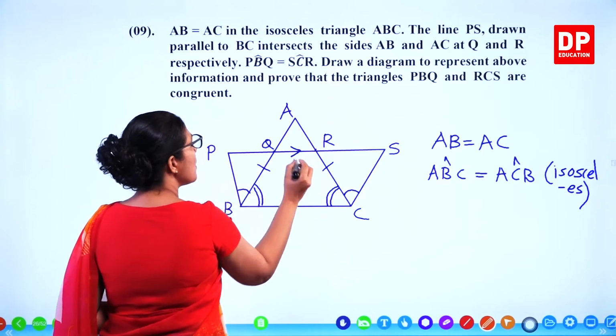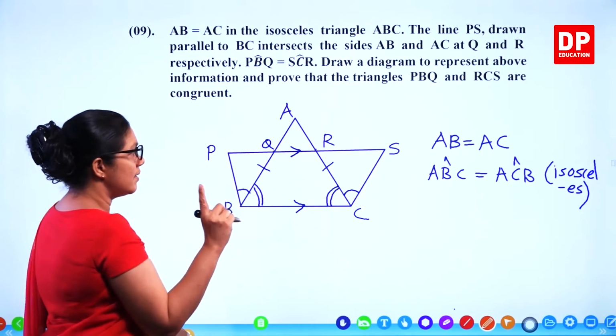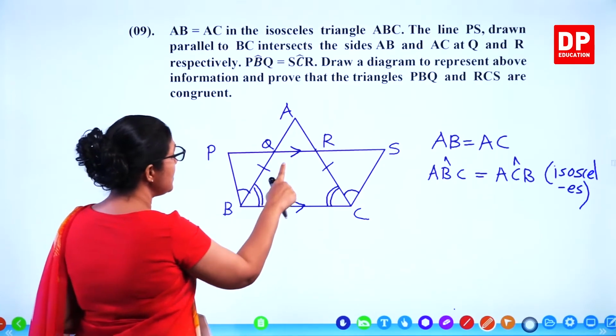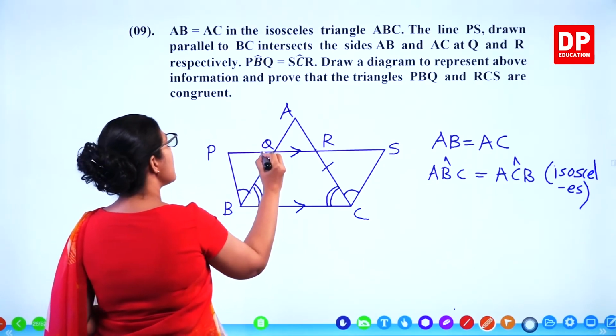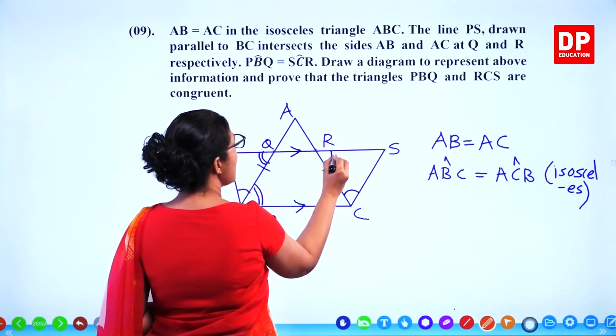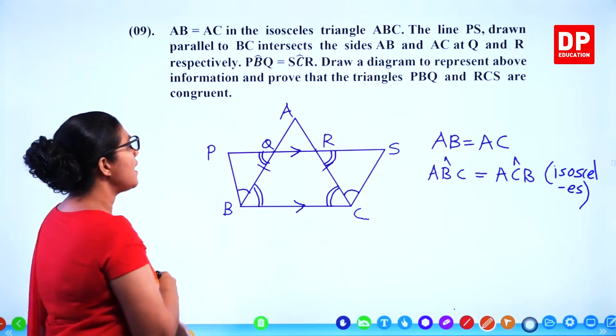Now look at this one. These two lines are parallel. That's the information given. So these two lines are parallel means this angle is same as this angle. This angle is same as this angle. Alternate angles are equal.